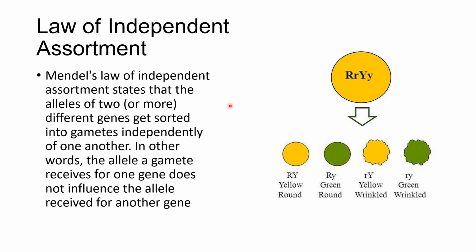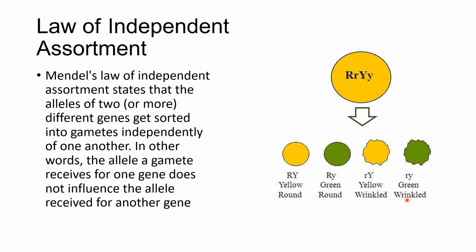As you can see on the diagram, in segregation the alleles are separated into different alleles. In independent assortment, there is no influence on what will pair up. So it can be yellow round, green round, yellow wrinkled, or green wrinkled. There is no influence on each other.